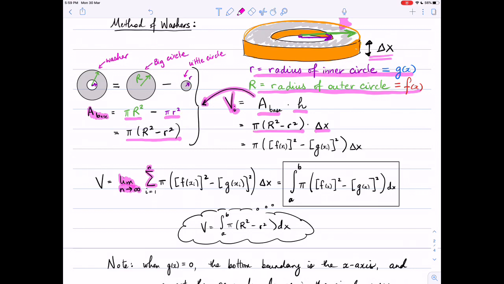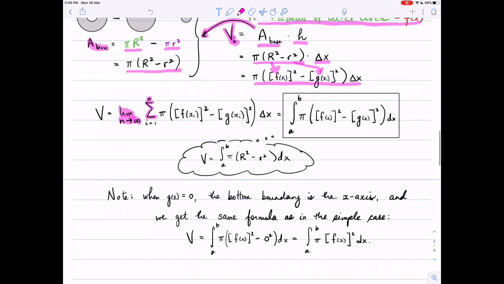So filling in big R squared with f of x_i, filling in little r with g of x_i for a single washer, we end up with this formula, which is the formula for the volume of a single washer.